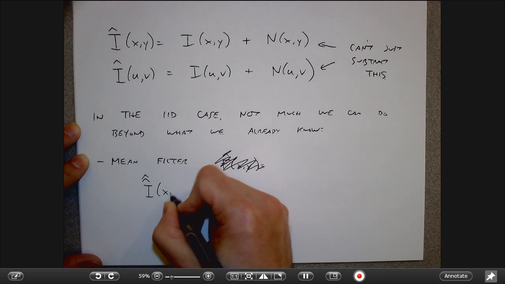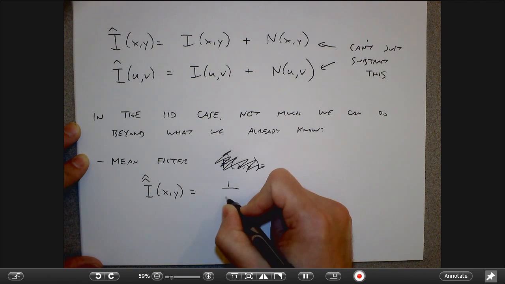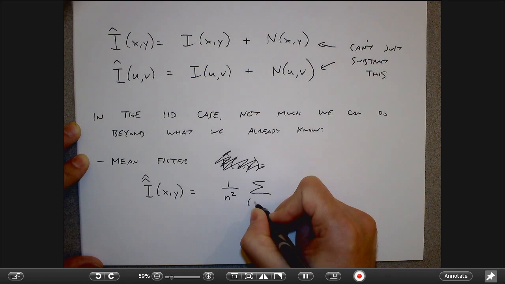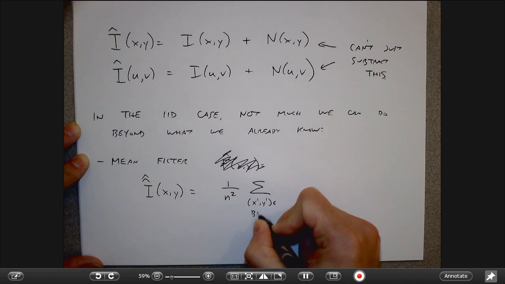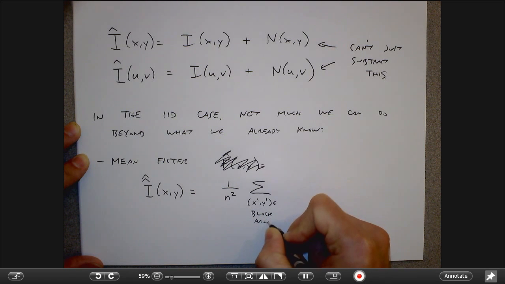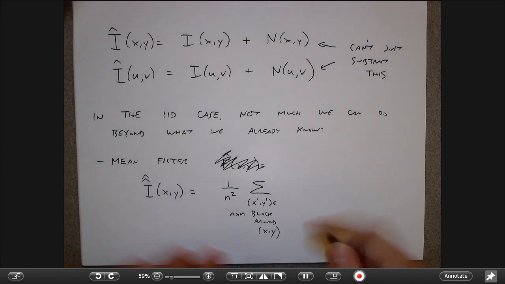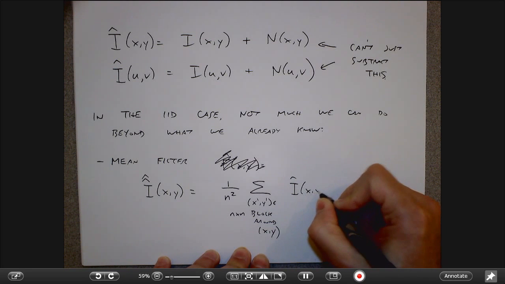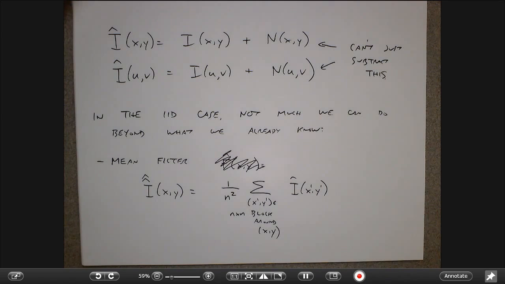So the mean filter, for example, could be something like: my output at x,y is going to be the sum of, well, I'm going to take an n by n block around x,y, and then I'm going to take those values and average them, right?